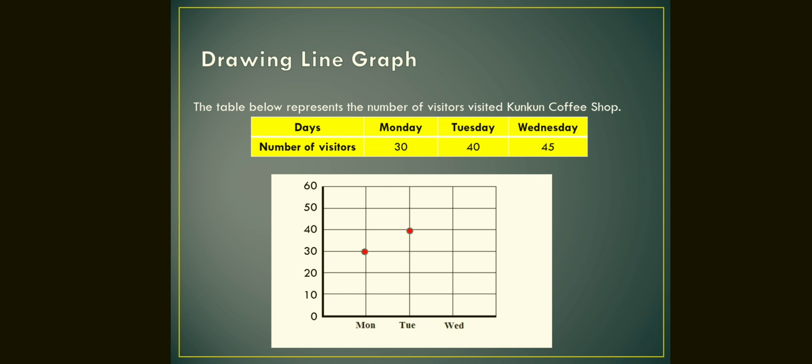So you put a point above Wednesday that matches 45, in the middle of 40 and 50. After you put all the dots, then draw a line from the first dot to the next dot, just like this. Ta-da! So here is the line graph of the number of visitors who visited Kun Kun Coffee Shop from Monday to Wednesday.